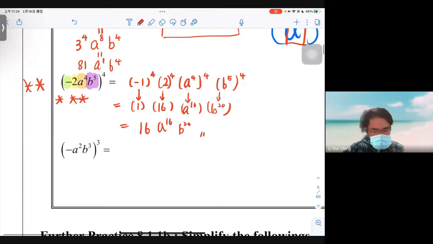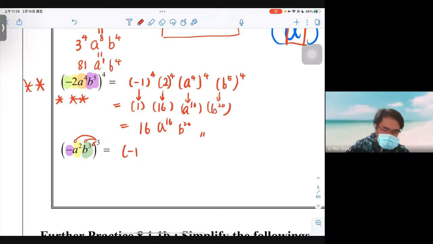All right, another example. You can see I got 3 elements here: one is the −1, one is a squared, and the last one is b cubed. Each of them gets the power 3.